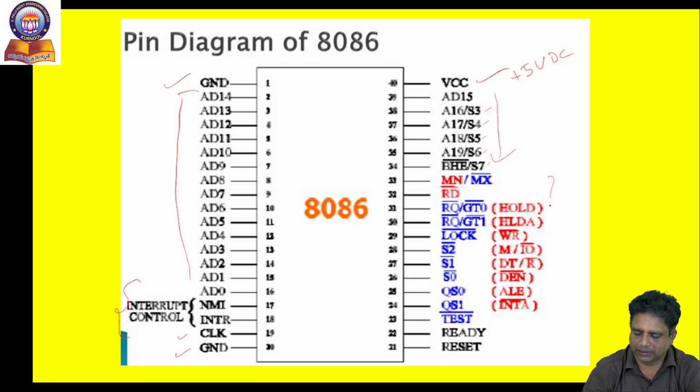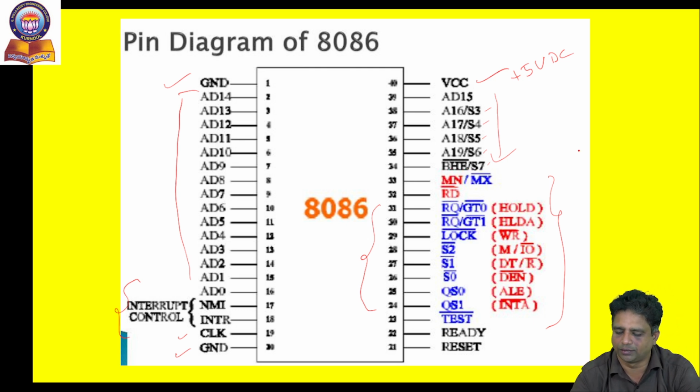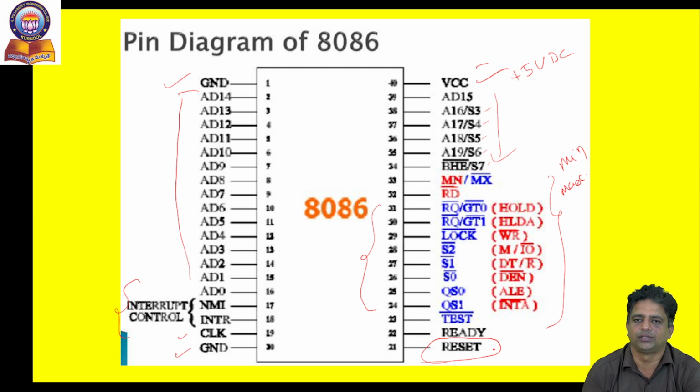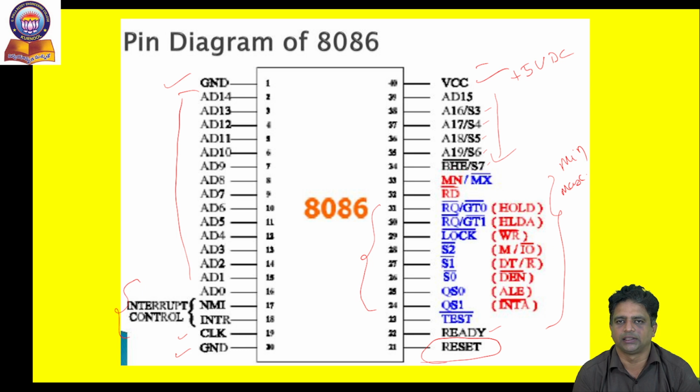Then we have a special category for pins 31 to 24, which work in two modes: one is minimum mode, another is maximum mode. Then we have a most important friend of ours in the pin diagram, reset. Supply, ground, and reset are the most common pins we find in any architecture. Then the ready pin indicates the working status of our microprocessor to accept instructions.